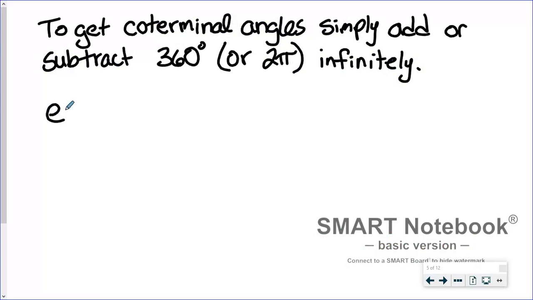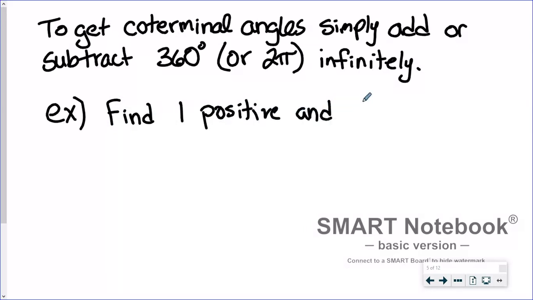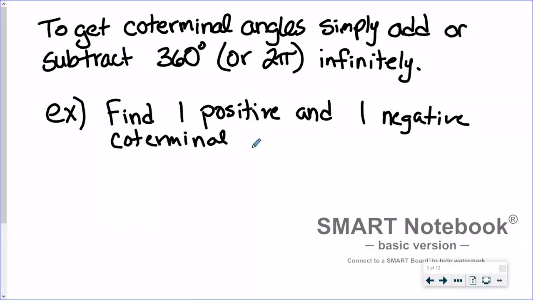So we'll just put an example on here. Let's find one positive and one negative coterminal angle for both.